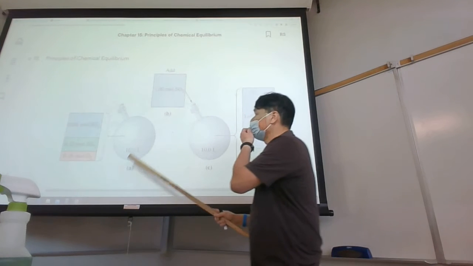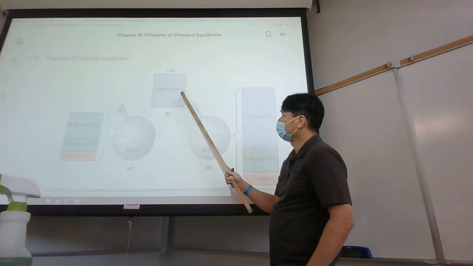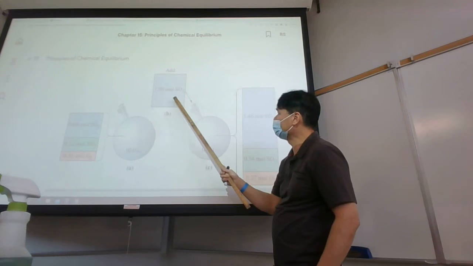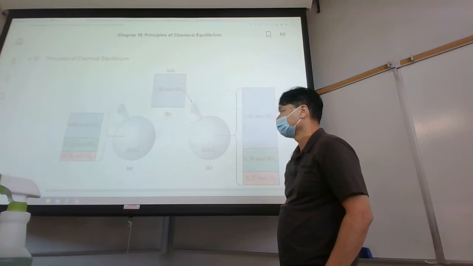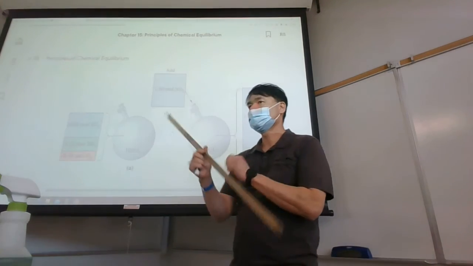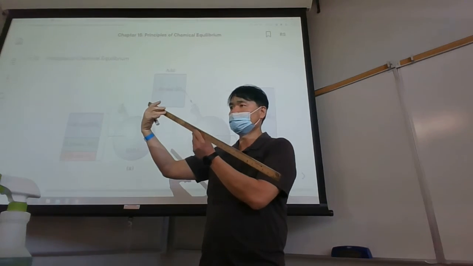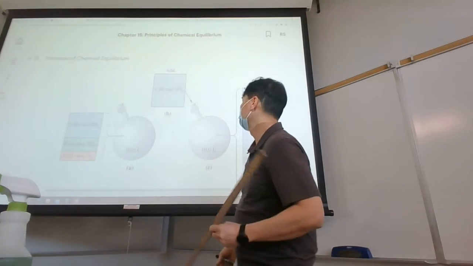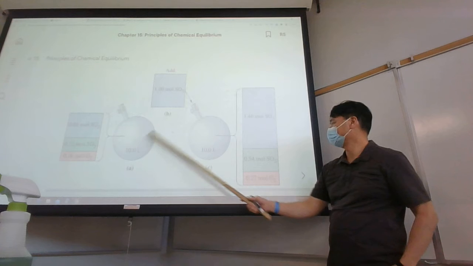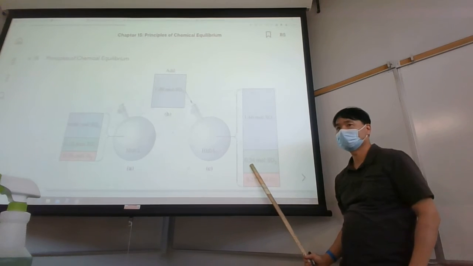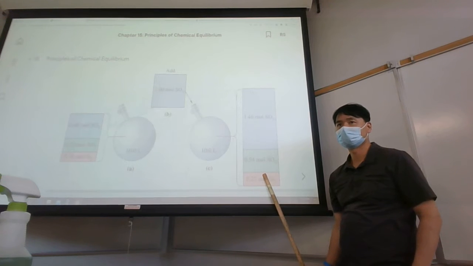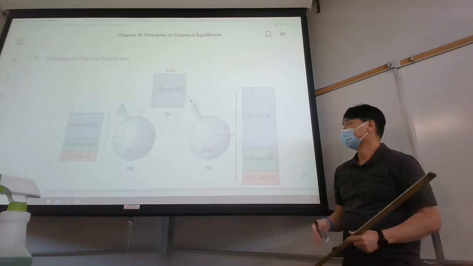So that's what they're doing here. Actually, what are they doing here? They're adding more SO3. And so we add more SO3, which is going to push things back uphill. Right? And eventually we're going to get more SO2 and more O2 from that when we reestablish it.